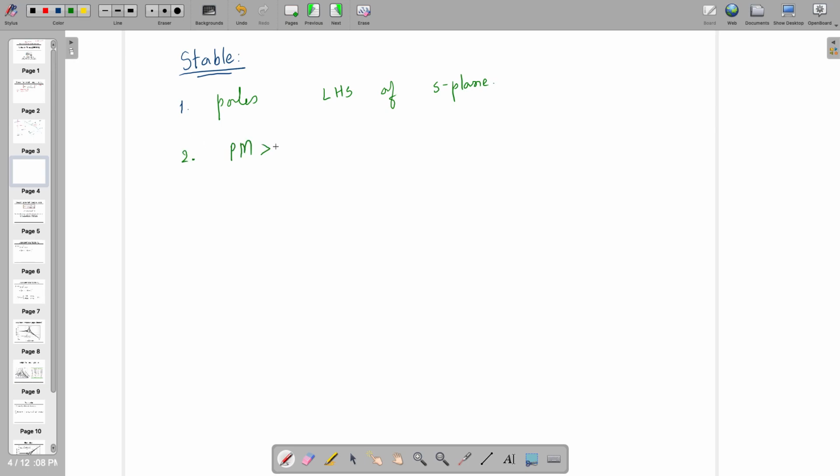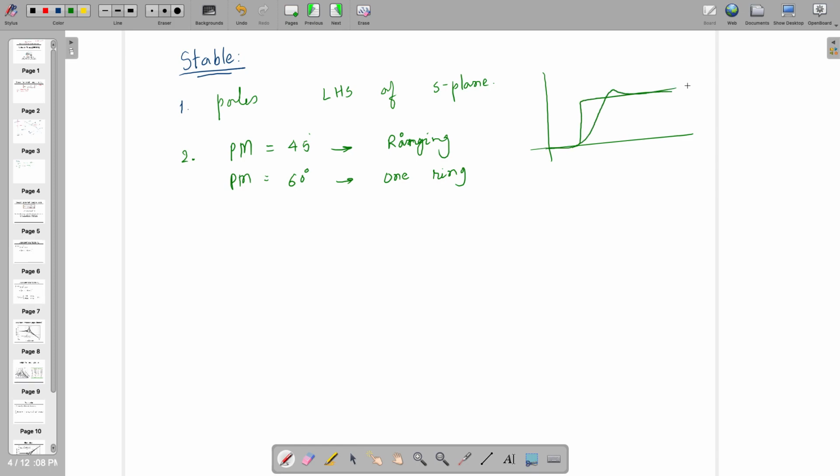If it is more than 45 degree, or let's keep it exactly equal to 45 degree, then there will be some ringing. If it is 60 degree, there is one ring. When I say ringing, if this is the input, the output looks like this one.